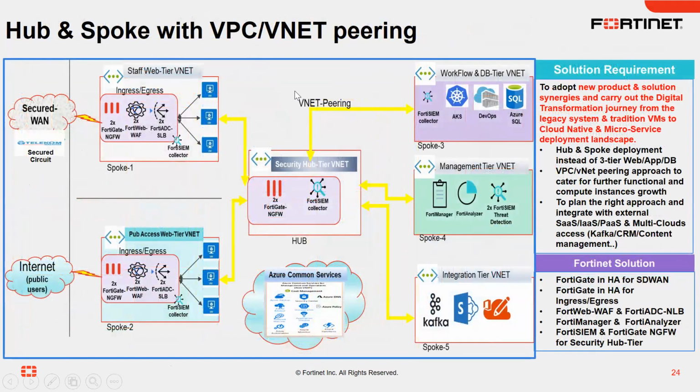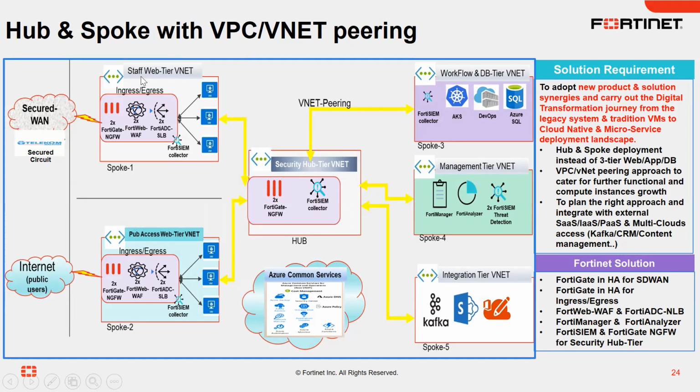Second, most instances in the market are called hub and spoke with VPC and VNet peering. Earlier, we also highlighted what a hub and a spoke is. So we'll form one VNet or VPC called the secure hub tier VNet here. From the left-hand side, you can see that access is typically an MPLS circuit landing at this web tier.